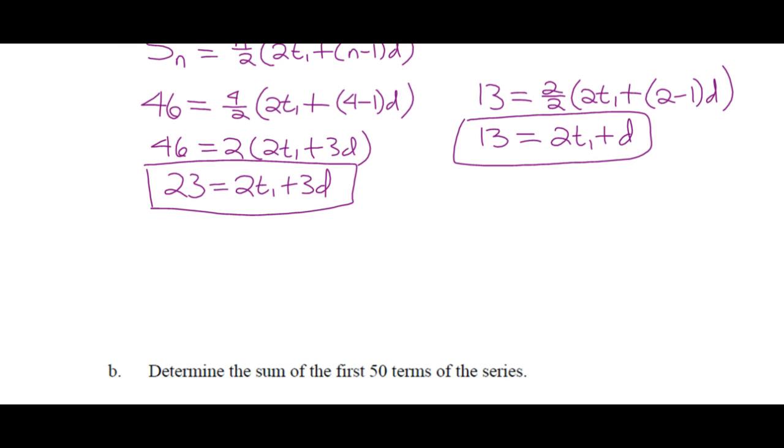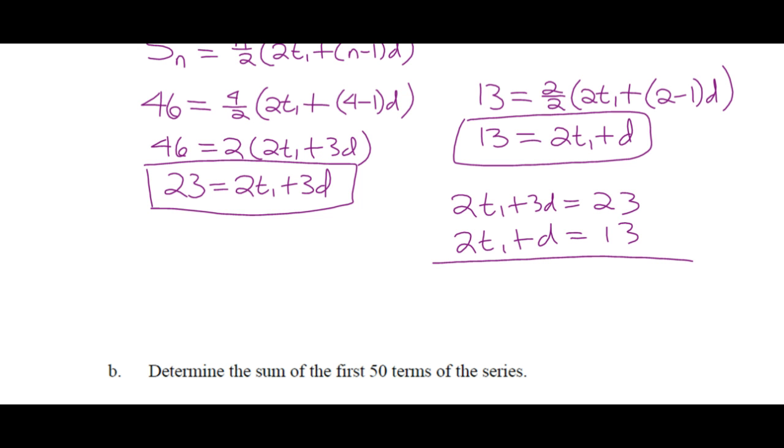All right, you could solve by substitution or elimination. What do you want to do? Elimination. They both have a 2T1, so elimination sort of stands out. So we'll say, all right, let's reverse things a bit. Let's go 2T1 plus 3D equals 23. And 2T1 plus D is equal to 13.